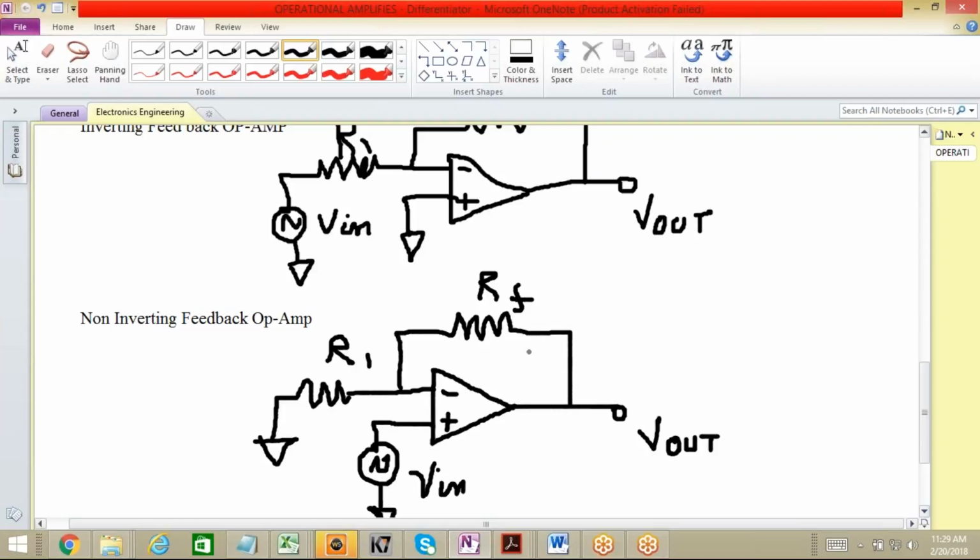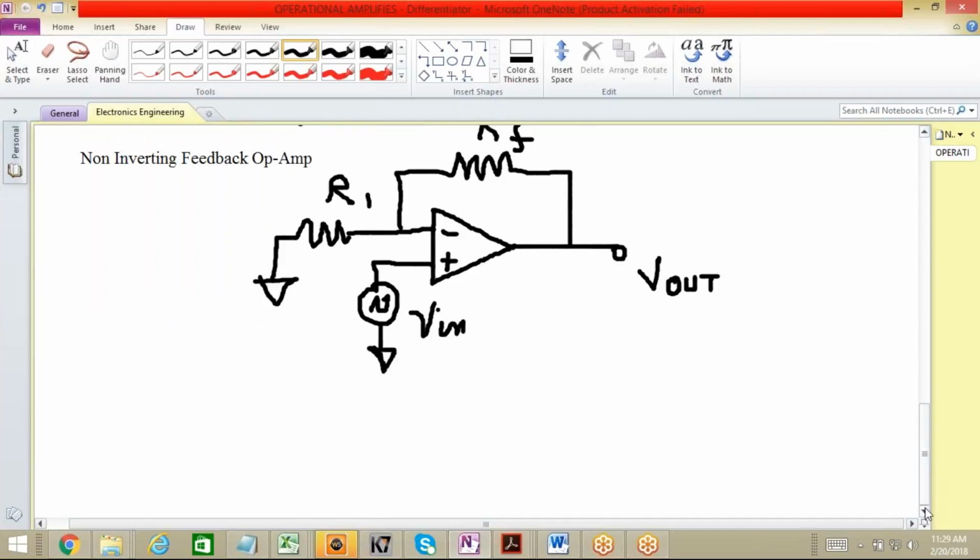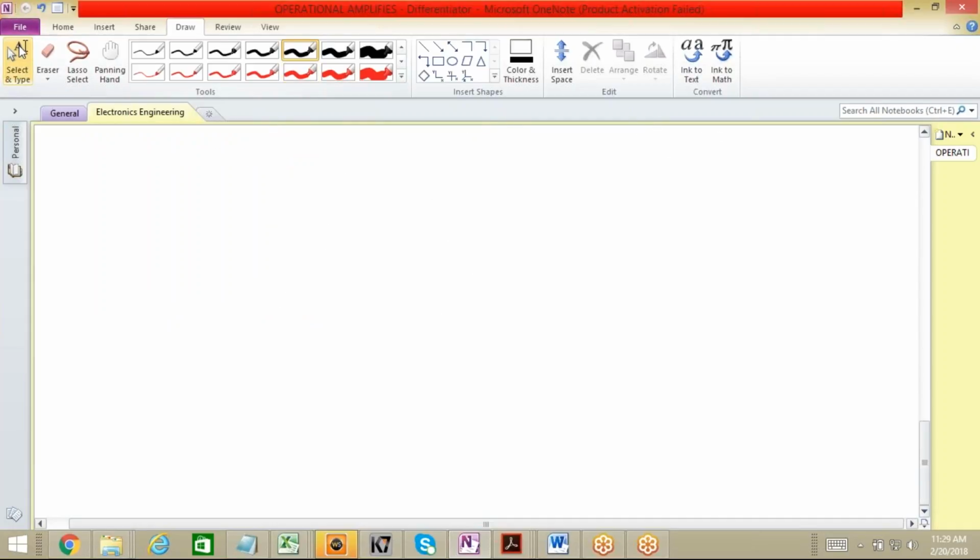Now let's talk about op-amp as a differential amplifier. Again, now since it is the differential setup, it's very obvious, like we are going to use a feedback mechanism here as well.